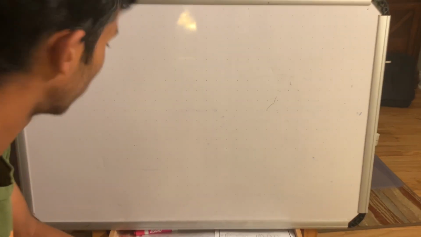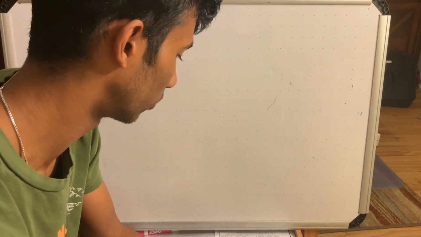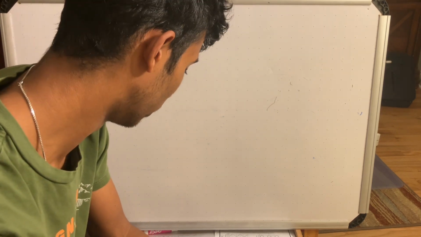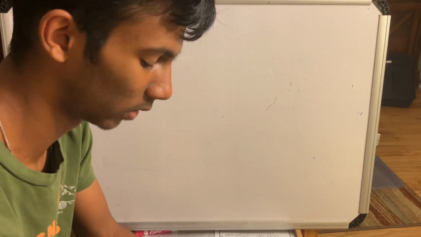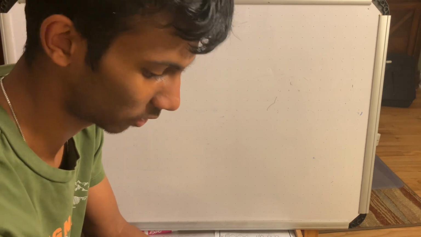The first point that I lost was that acceleration needed to be between 9 and 11 meters per second squared, but my handwriting was not that good, so it didn't look like it was within that range, but it actually was.